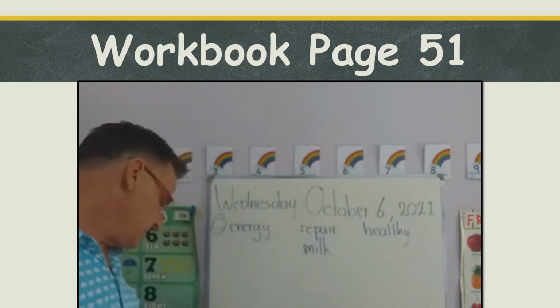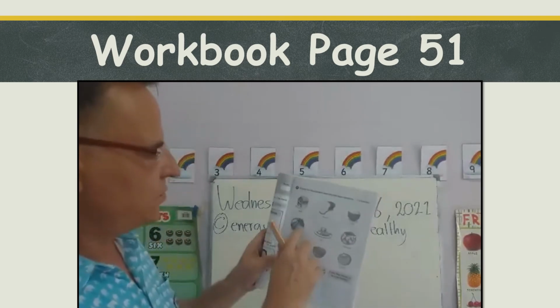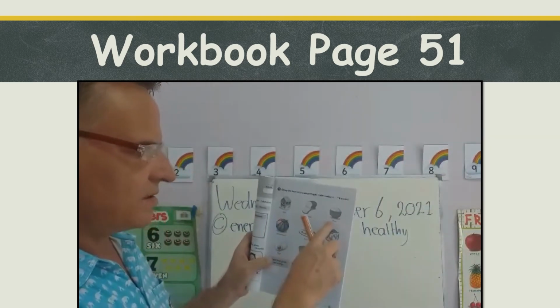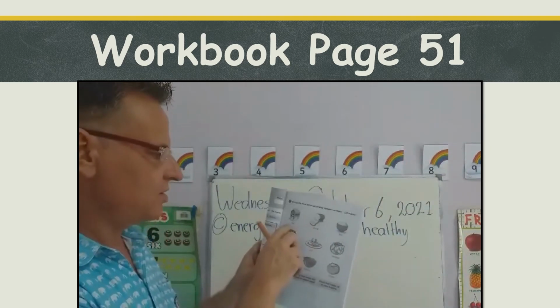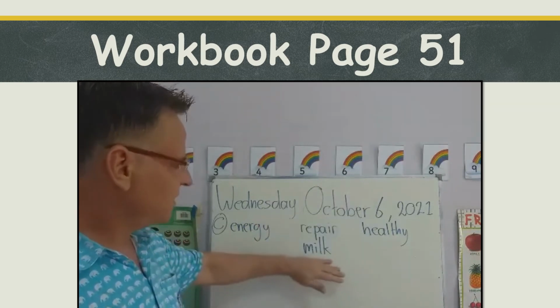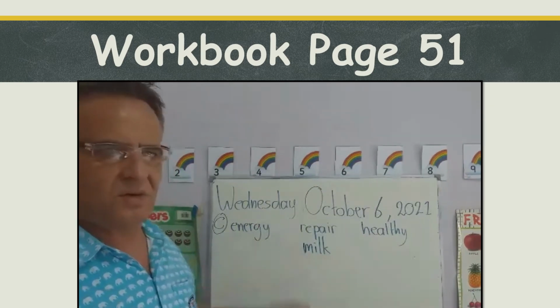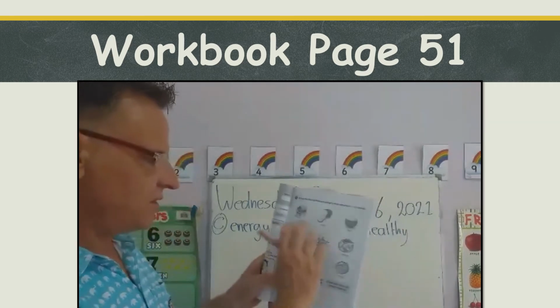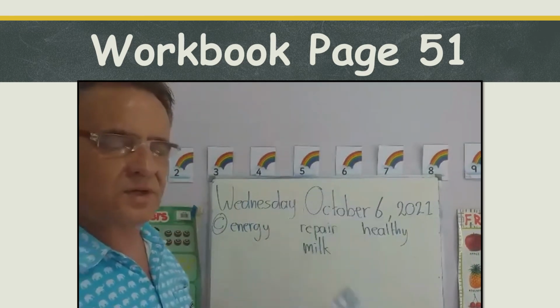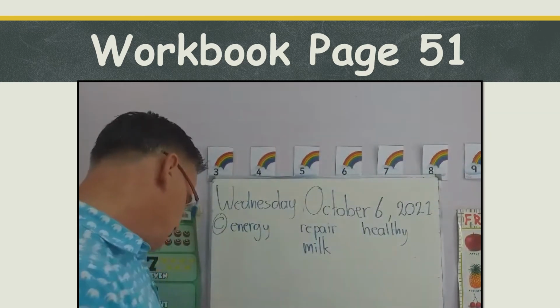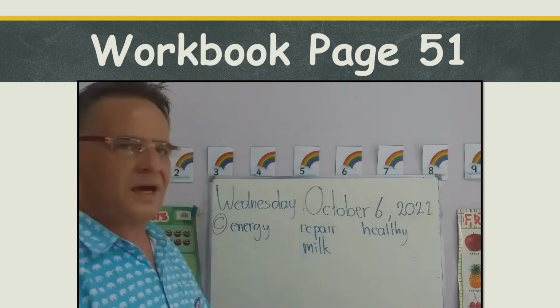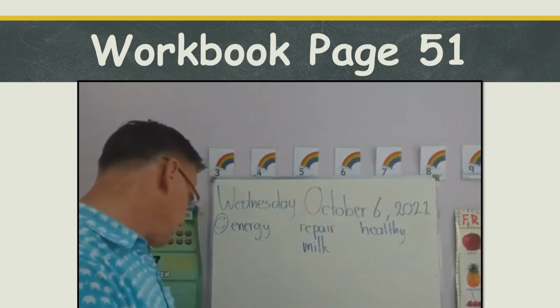As you see, by the way, in your book all these words are with a big letter. I don't know why. They should not be with a big letter. When a word is written alone, it's always with a small letter, right? So don't be confused by that. Just write them with a small letter. Okay, so milk, repair.